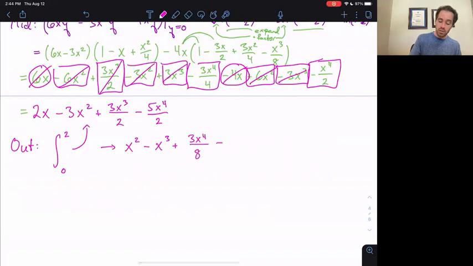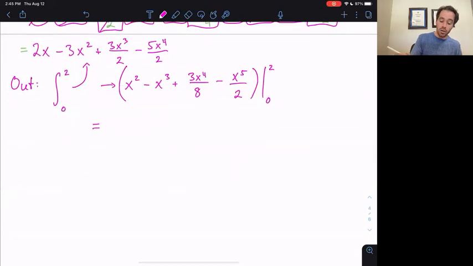And then minus 5x to the fifth over 5. That's simply x to the fifth, so this will be x to the fifth over 2. And you can verify that if you take the derivative of that, you will get that back. And this whole thing is evaluated from 0 to 2. The 0 goes away, thank goodness.